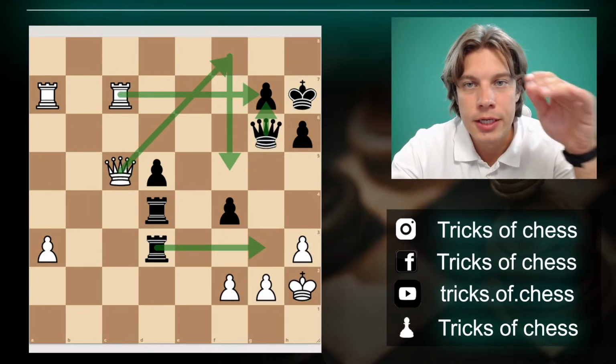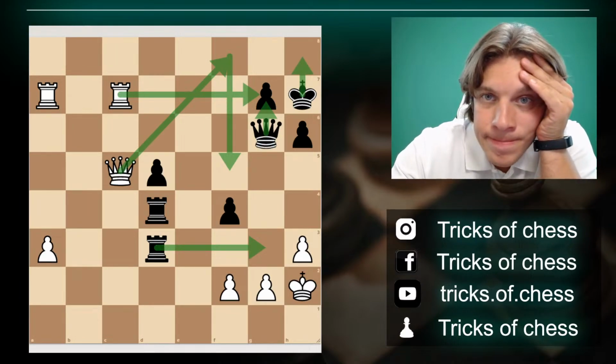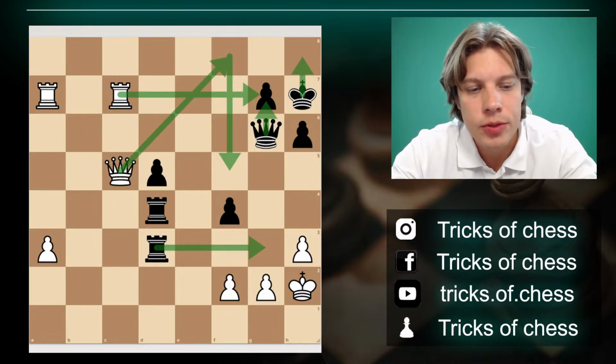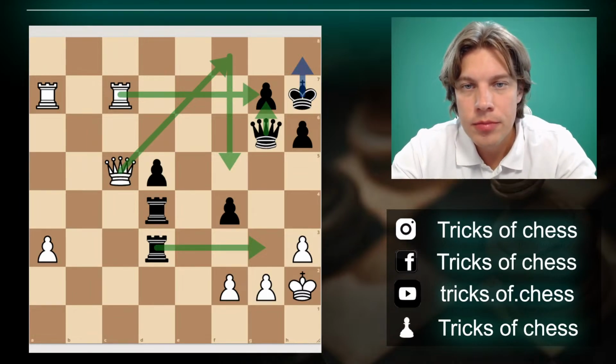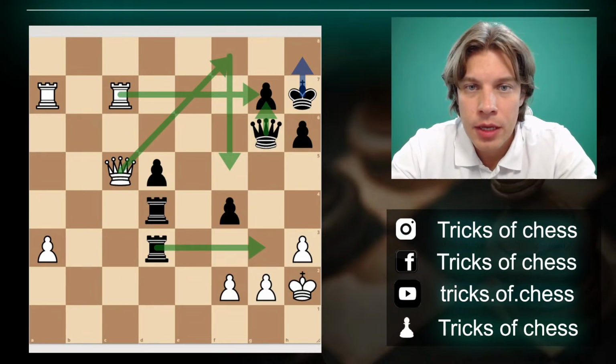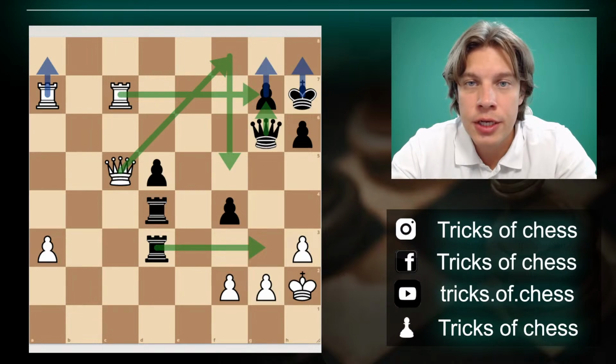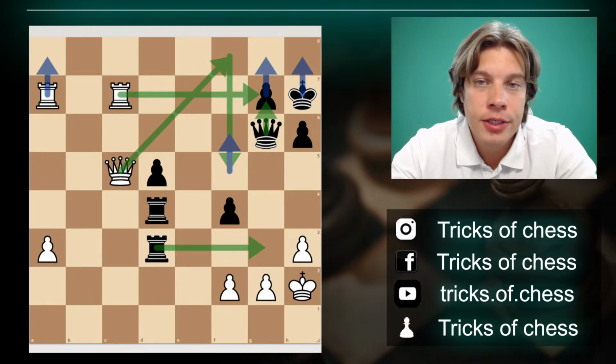Let's start with king h8. I'll do it with the other color. King h8. So we have our queen on f5, king on h8, then rook a8 check. The only way to stop it is to play queen g8, sacrificing the queen, but this is where we play queen f6 first, delivering another check.